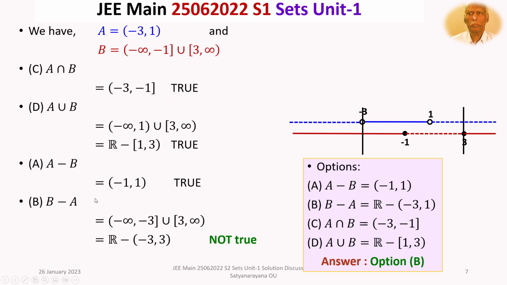Now B minus A is R minus the open interval minus 3 to 3. So compare, this is option B we are talking about. B minus A is equal to R minus the open interval minus 3 to 3, which is not the same as the given answer. Therefore option B is not true. The answer for this question is option B.